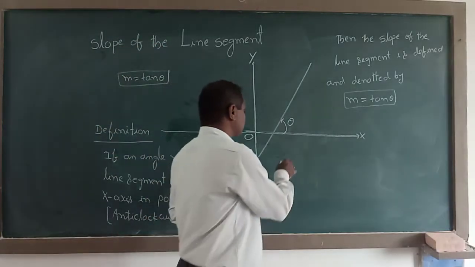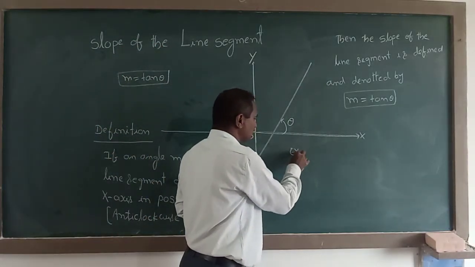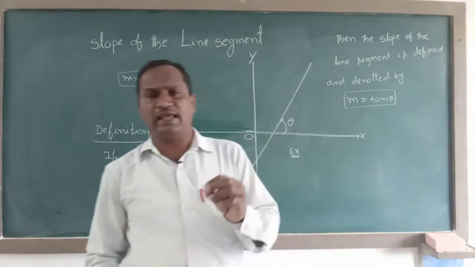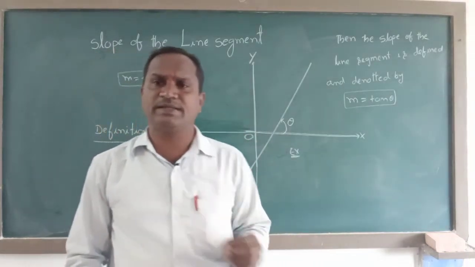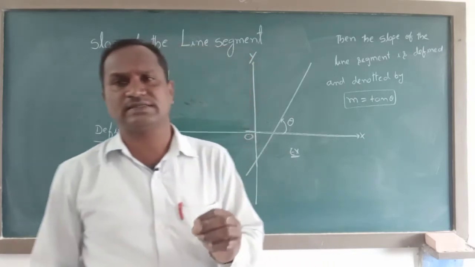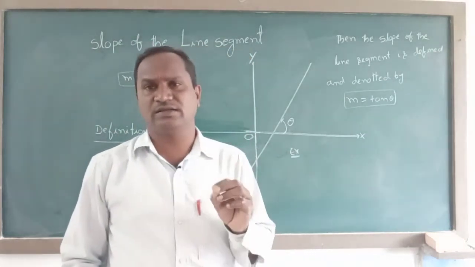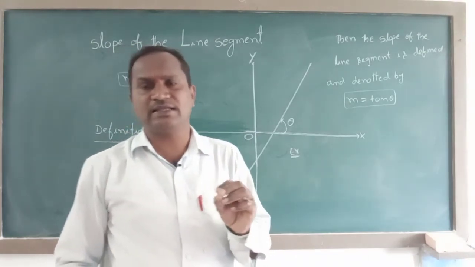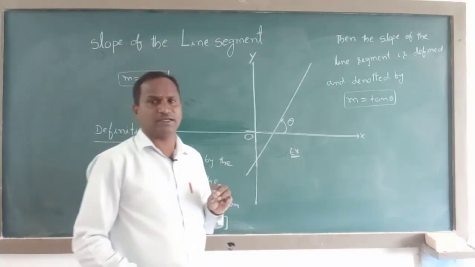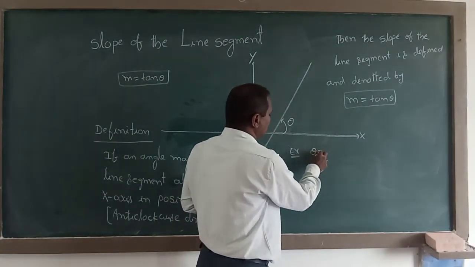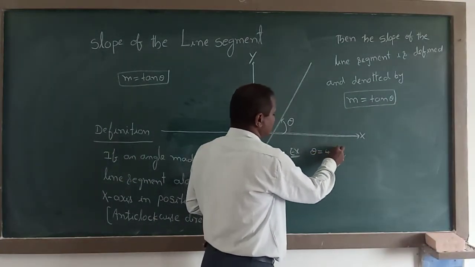Example: find the slope of the line segment if an angle of 45 degrees is made by the line segment along the x-axis in the positive direction. In the question, the angle theta is equal to 45 degrees.